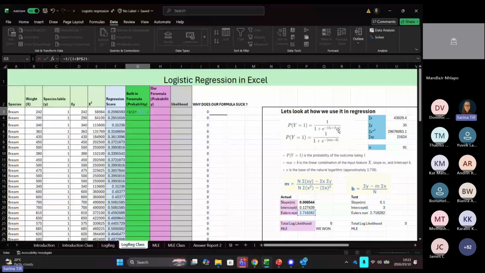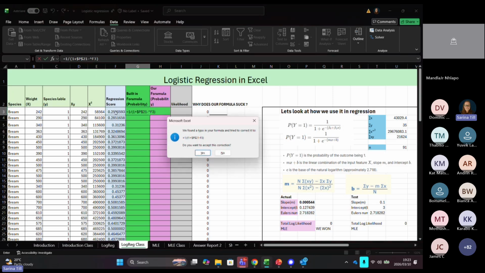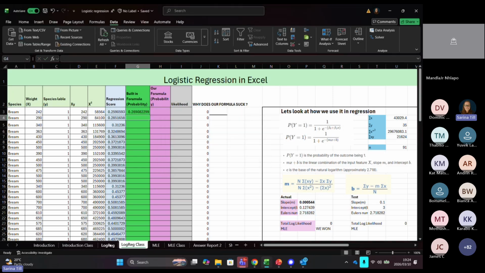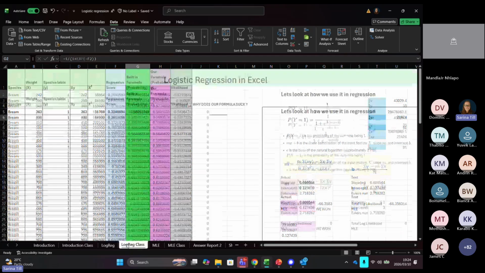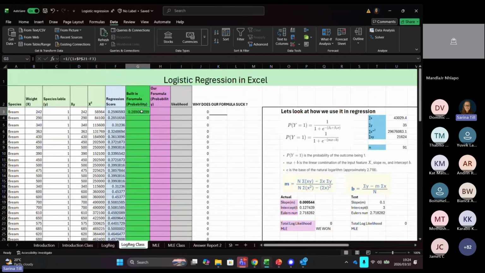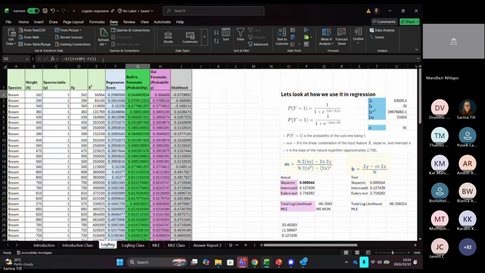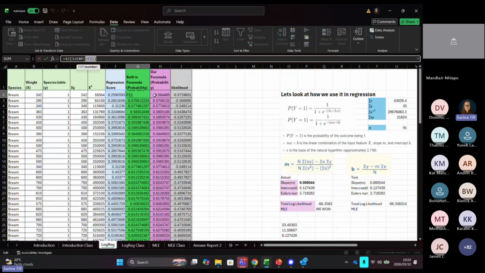The negative power of the regression score. Okay, close the bracket. It should work it out for us. I think that is wrong. Let me go see what I have done wrong. Hold on, let me just go get my formula from over here. Oh, nope.